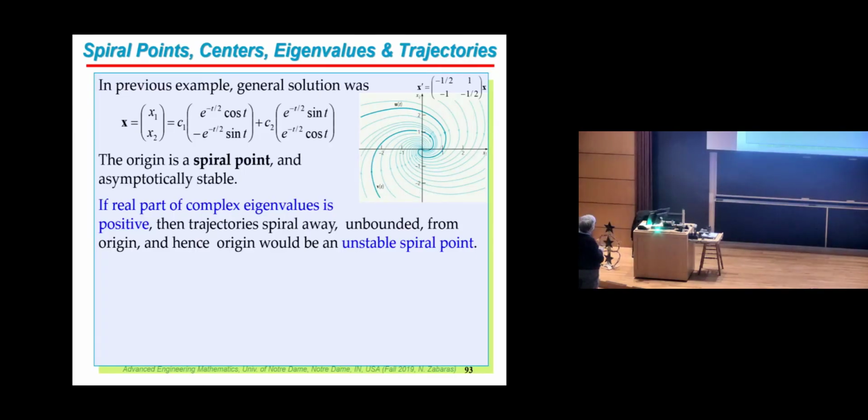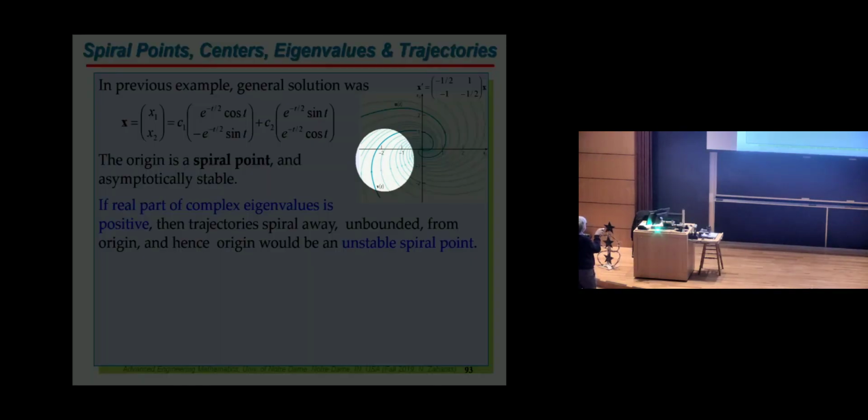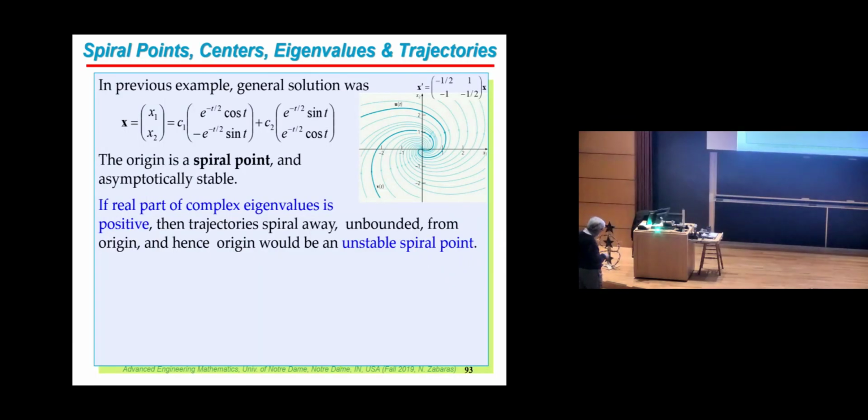And in this case, it's a stable point because the real part of the eigenvalues here is negative, it's -1/2. And obviously, you can have an unstable spiral point if the real part comes to be positive. But instead of converging to 0 asymptotically, it will go in a spiral to infinity away from 0.